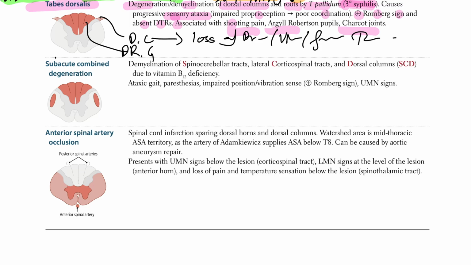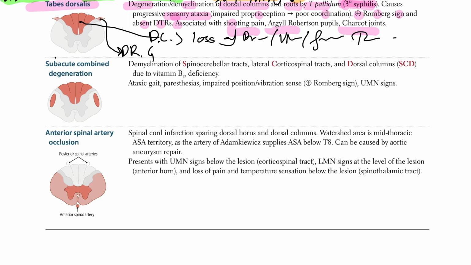And we knock out the dorsal root. Wait, I think I did the opposite. When we knock out the dorsal column, which is not this one, but this one. This is dorsal column. And this is dorsal root ganglia.